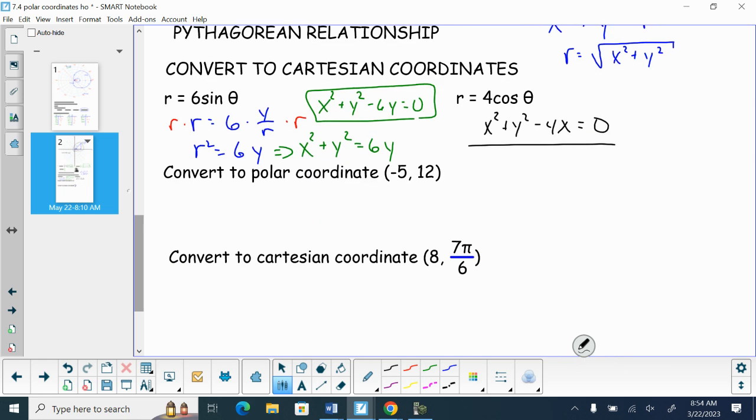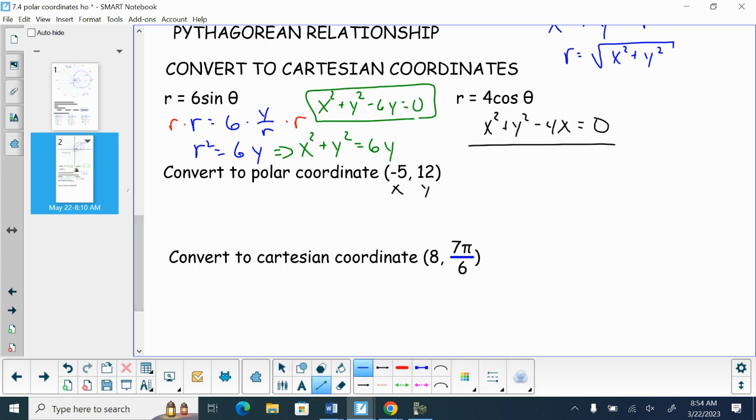So I have to convert into polar coordinates. I have the ordered pair negative 5, 12. So x is negative 5, y is 12. I want to change this into r's and thetas.